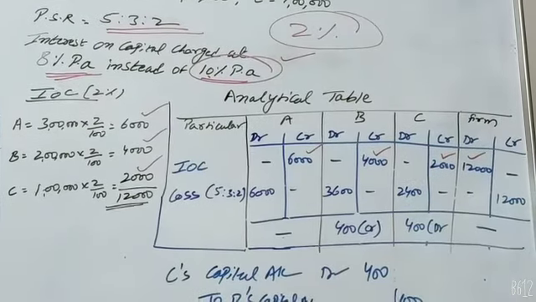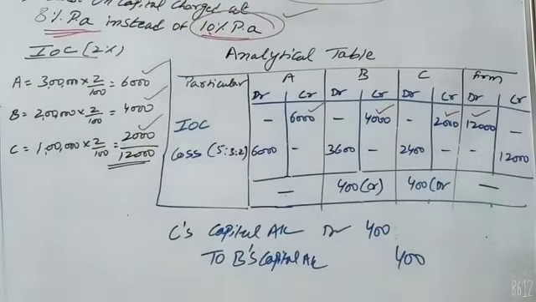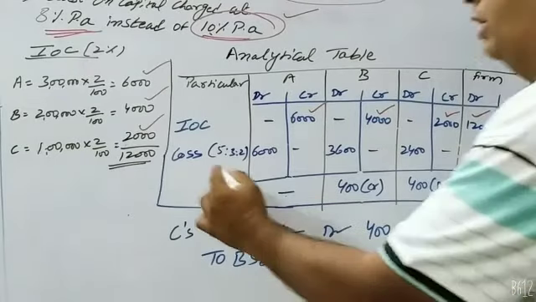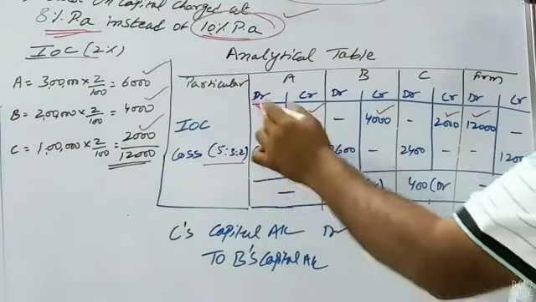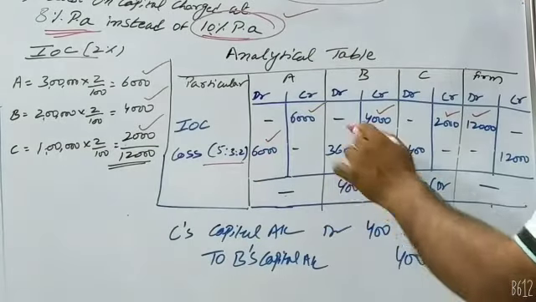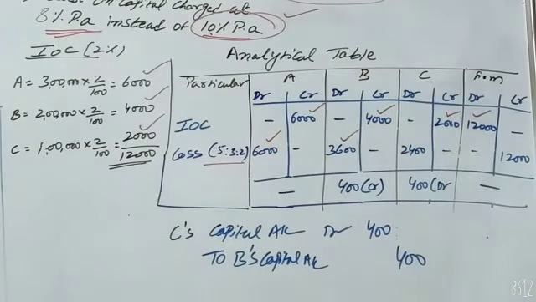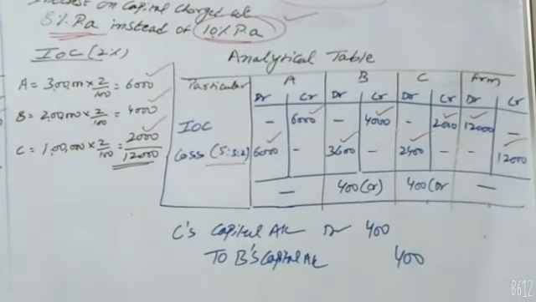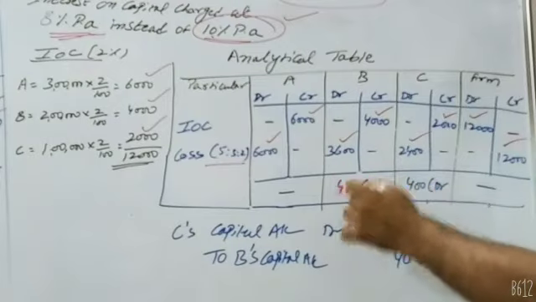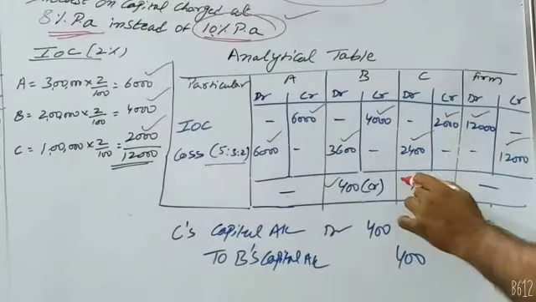Now this extra less we have shown, that will be a loss, and the loss will be distributed in the ratio of 5:3:2. So A will be 6,000 debit, B 3,600 debit, C 2,400 debit, and the firm will be credited by 12,000. Now let's take the difference. B comes to 400 credit and C comes to 400.